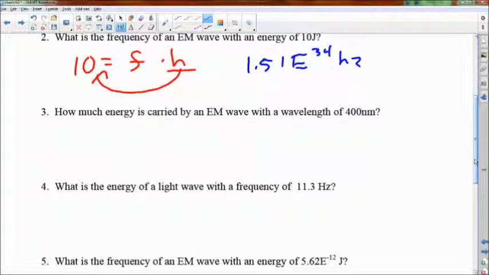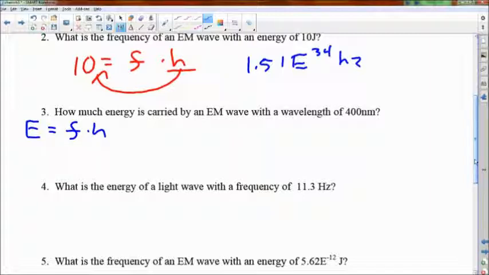Okay, those two hopefully were fairly simple division or multiplication. Now number three is a little bit more complex. It says how much energy is carried by an EM wave with a wavelength of 400 nanometers. So here we can't just do the one equation, because energy equals frequency multiplied by Planck's constant. We need to know what the frequency is.